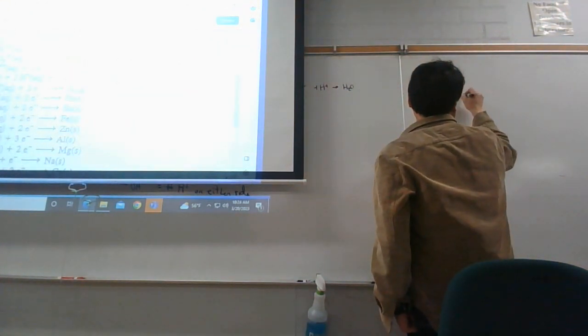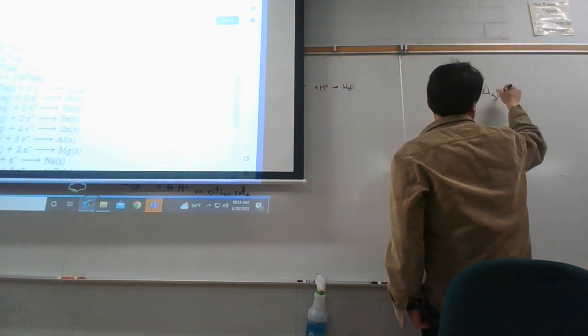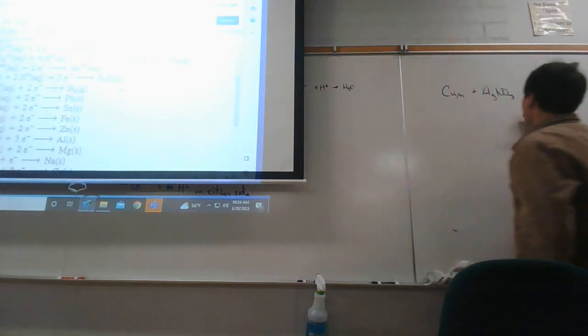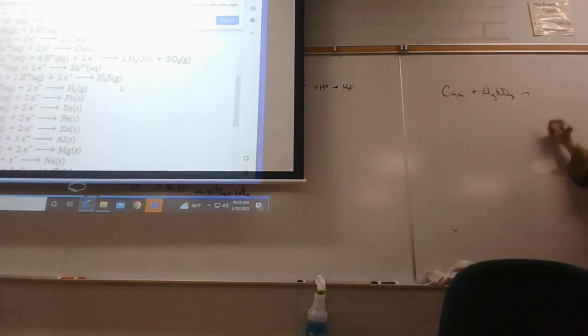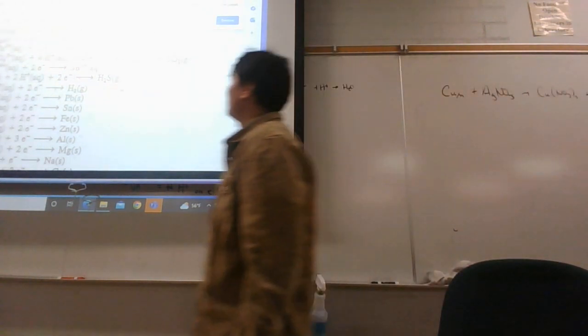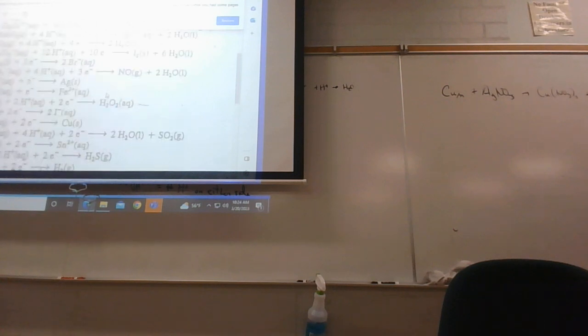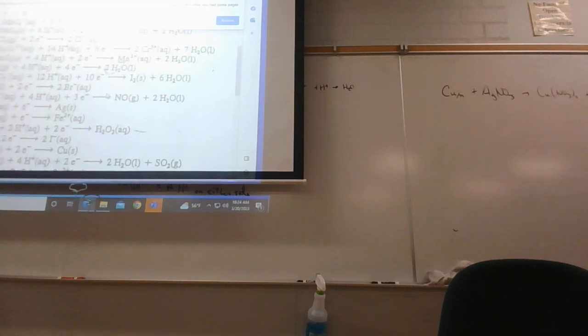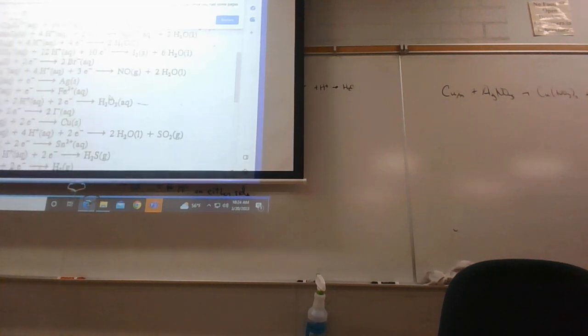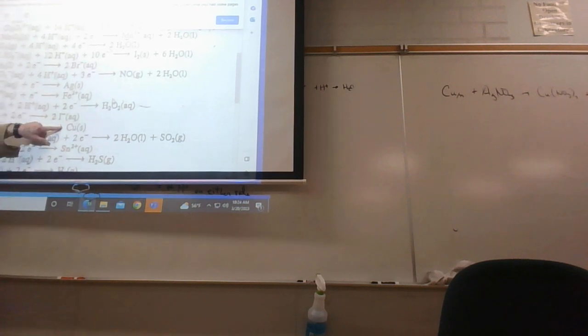So copper solid plus silver nitrate. Silver also is fixed charge, only 1 charge on that. And so this is going to form copper 2 nitrate and silver metal. And then let's compare copper with silver. Okay, here's copper here, here's silver here.